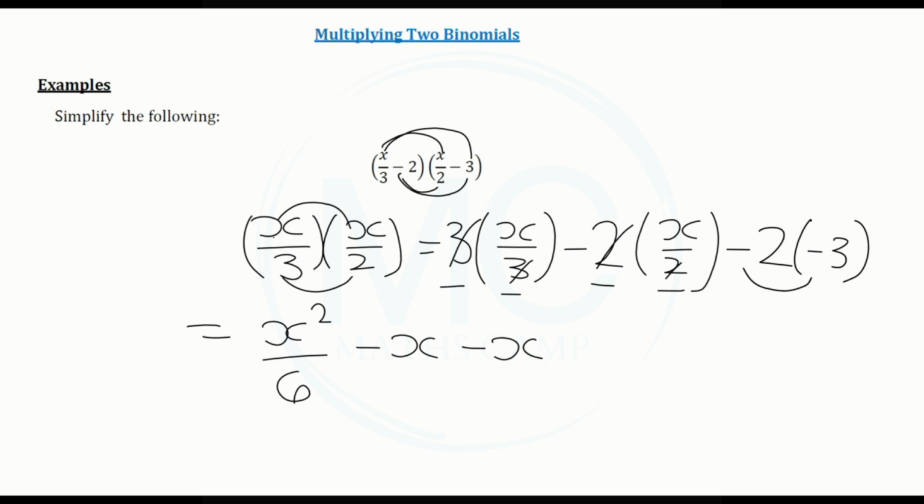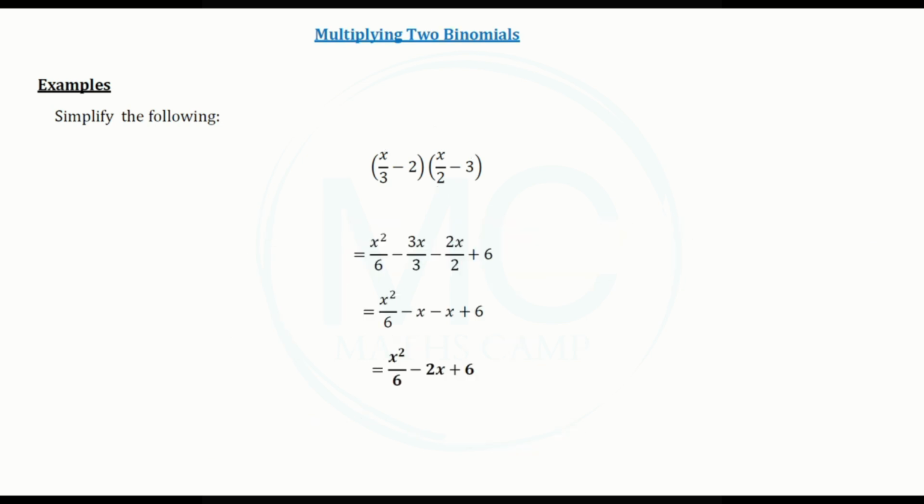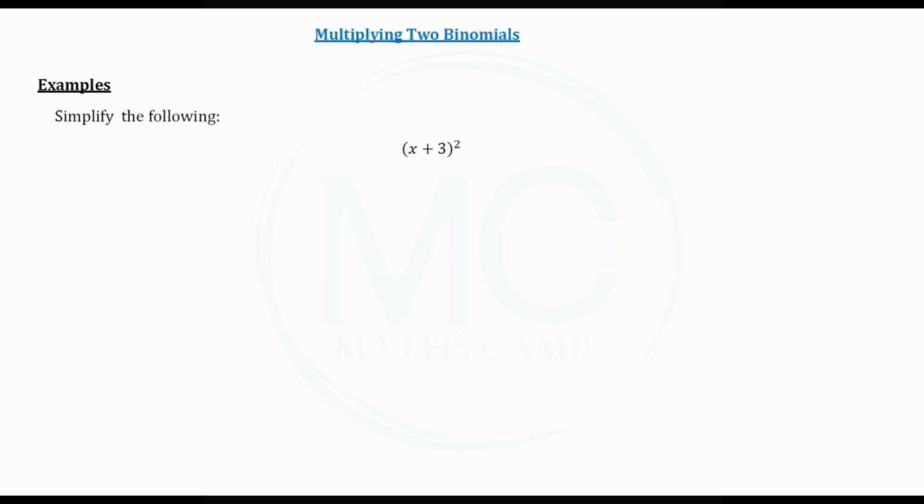Negative 2 multiplied by negative 3 gives us positive 6. Now we can add our like terms, and we get x squared over 6. Negative x minus x gives us negative 2x, plus 6.